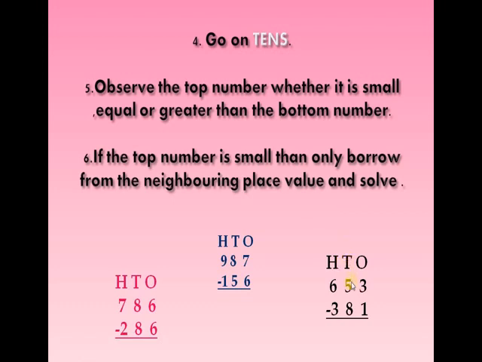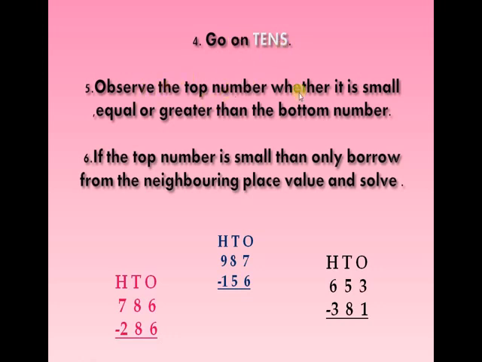And when go on to the third one, where tens digit is 5 minus 8. Here the top number is small, so we need to borrow from the neighboring place value, which is hundreds. I'll repeat the rules again. Go on tens.